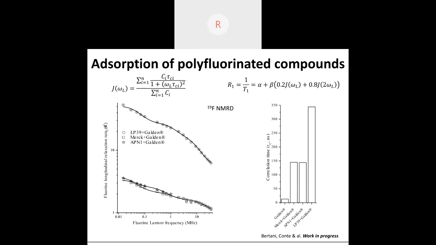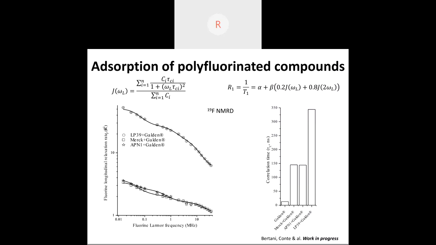Here we suspend three different types of biochars in the Galden. And the S-shaped curve that I showed you before changed completely. Let me spend a few words on these three different biochars. APN1 is just an acronym that we have used. This is a homemade biochar made from coffee powder.